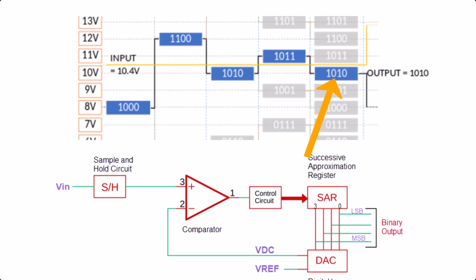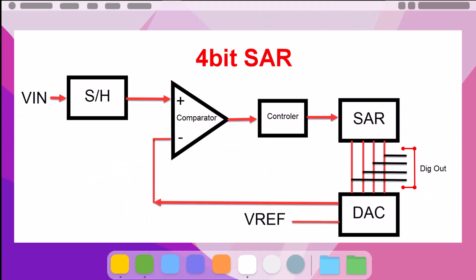So this is how the SAR works, and you can count on the number of cycles because if you have 4 bits, you have 4 cycles to count. So if you have a 12-bit ADC, you have 12 clock cycles to run the full conversion.